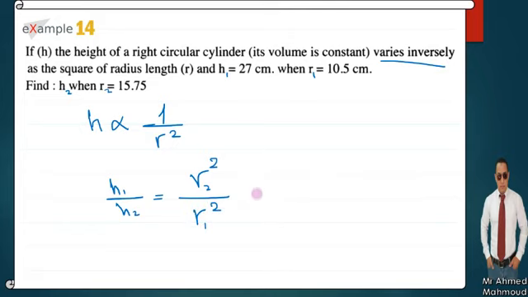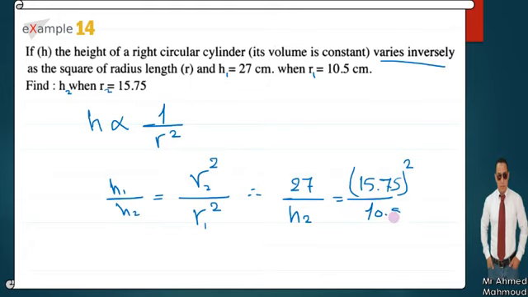Therefore h1, 27 over h2 equals r2 to the power of 2, 15.75 all to the power of 2, over 10.5 all to the power of 2.